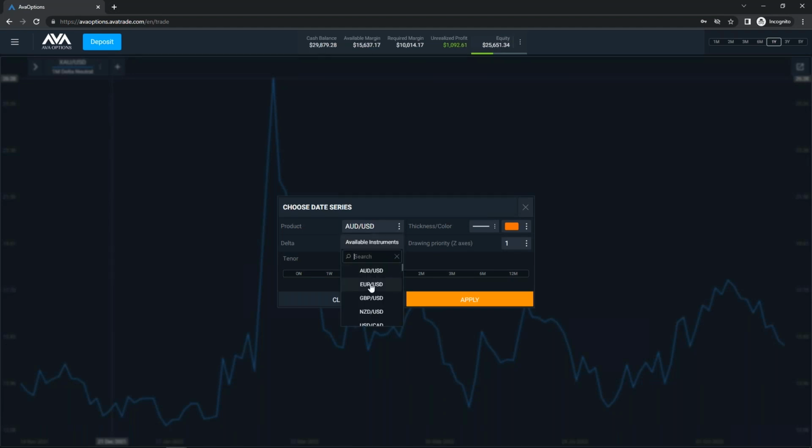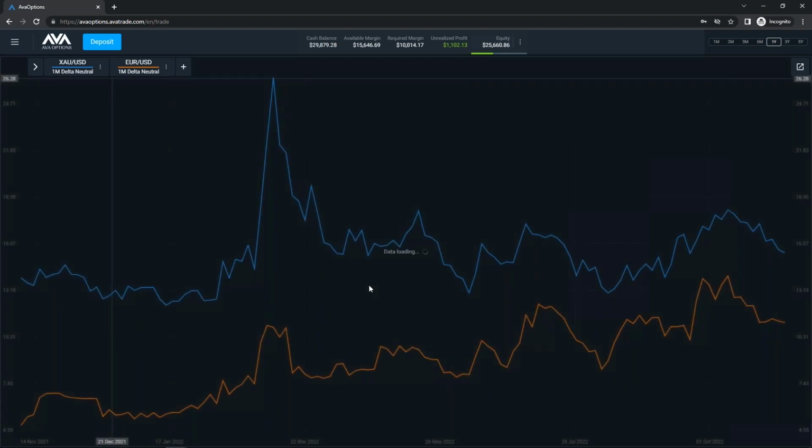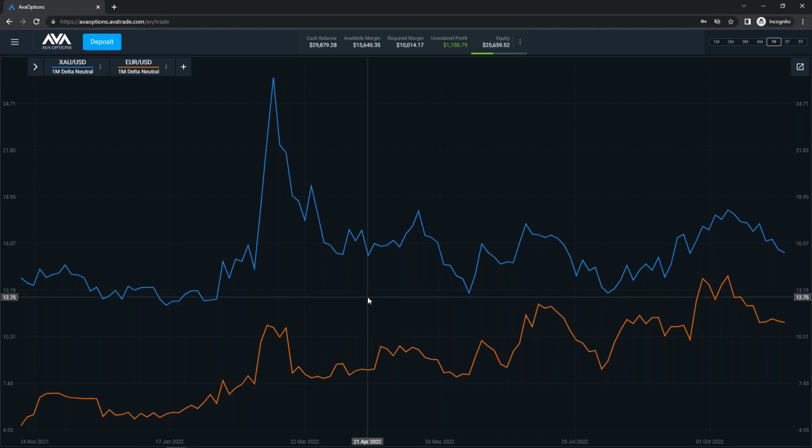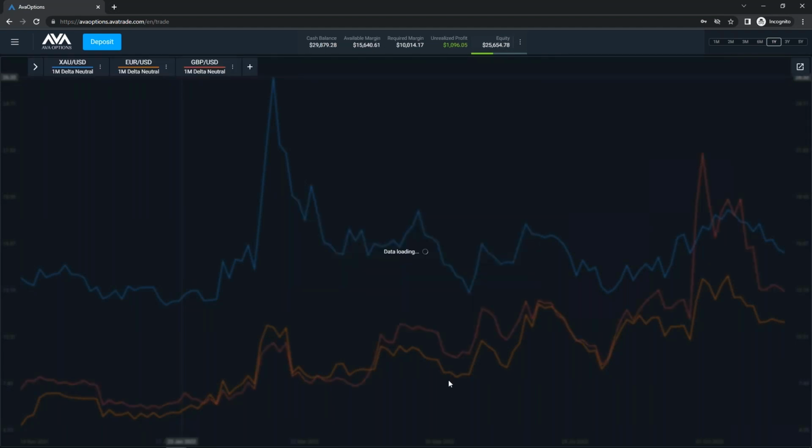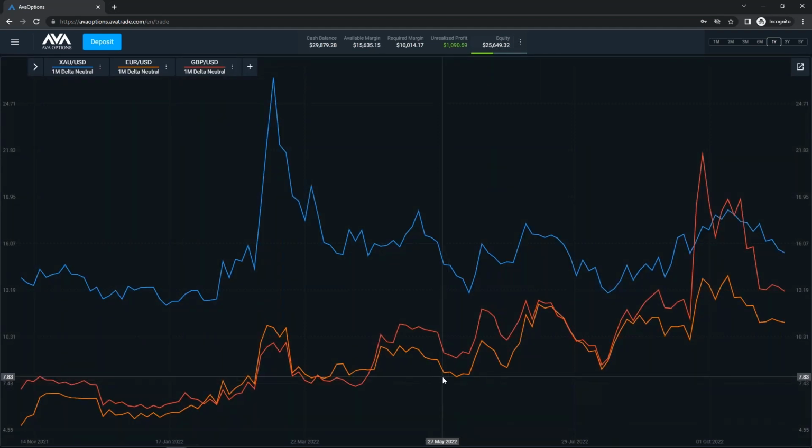So for example, I'll add implied volatility for 1 month on Eurodollar. And you can see that gold options are always more expensive than Eurodollar options. Gold is a more volatile asset. I can also add to that the pound. Pound is much higher than Eurodollar volatility. In fact, for a moment, it moved higher even than gold volatility, which is interesting.